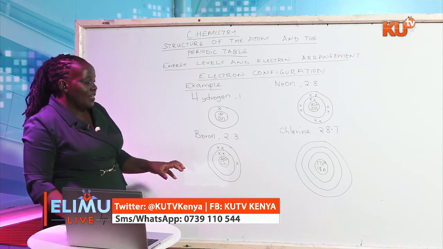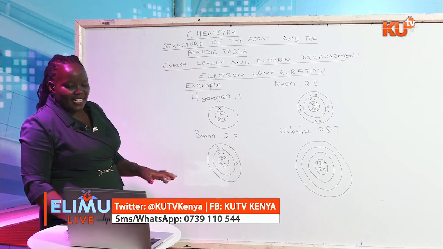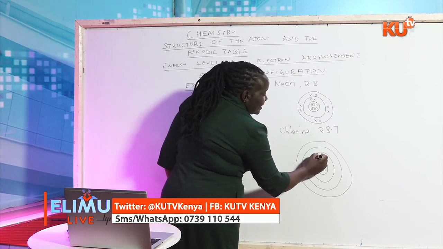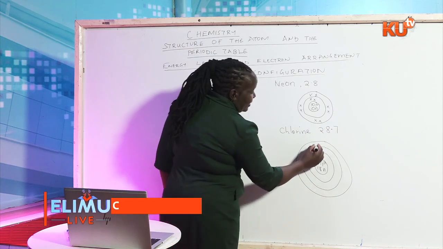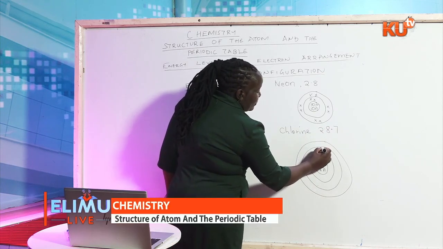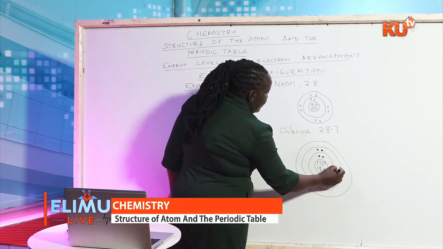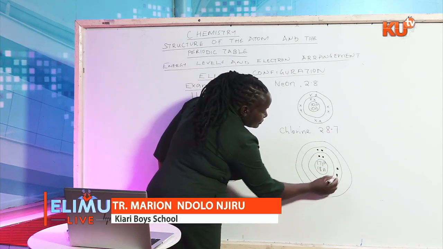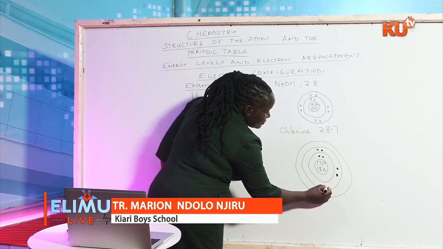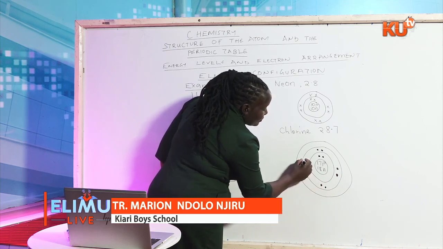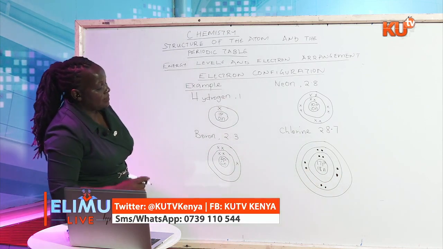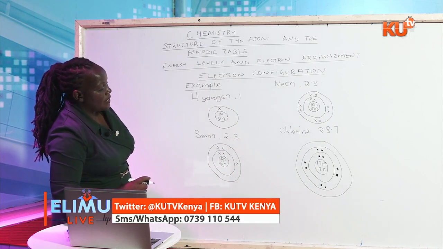The next thing is, in this case, we represent the electrons using dots. So the first energy level has 2. The second energy level has 8. So in this case, I'm using dots to represent the electrons. So we have the second energy level there with the 8 electrons.